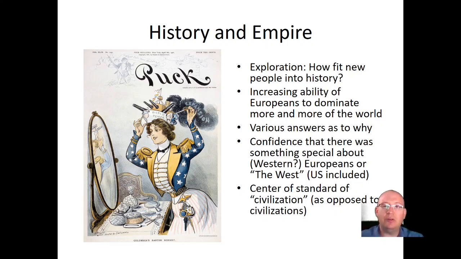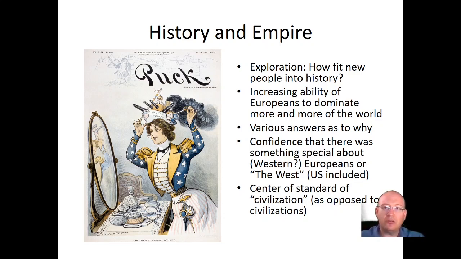And what's also happening is increasingly Europeans and later Americans are more able to dominate the world. So there's a difference between trying to fit people into history when you're kind of on equal standing. But what happens when you're materially more advanced than them? What happens when you have artillery and battleships and they have bows and arrows?